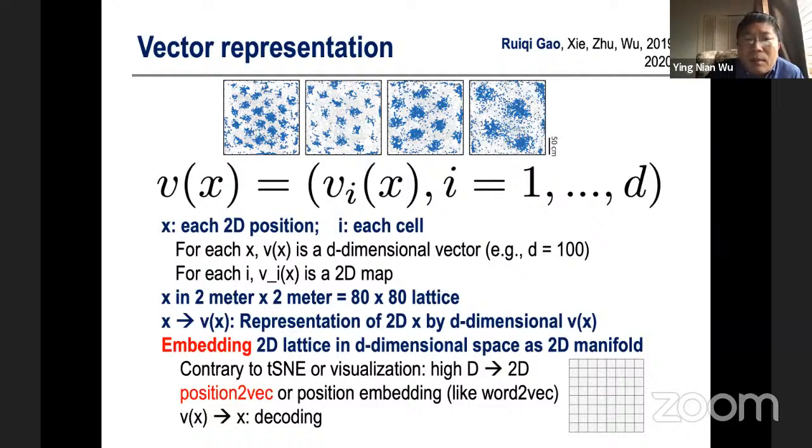In fact, in some deep learning models like the transformer, they have the position embedding for the position of the word. After you encode each X into a vector V, you want to be able to decode it, right? So from V back to X. This is part of the decoding that we are going to talk about later on.